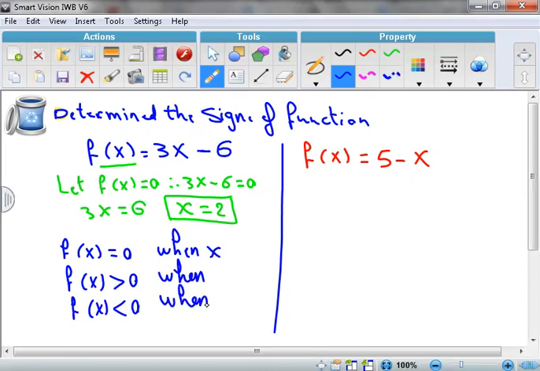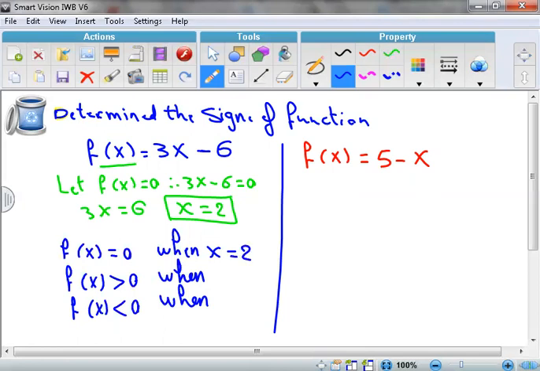We write the 3 sentences directly after you find the solution set of the equation. f of x equals 0 when x equals 2. The solution set. Yes?